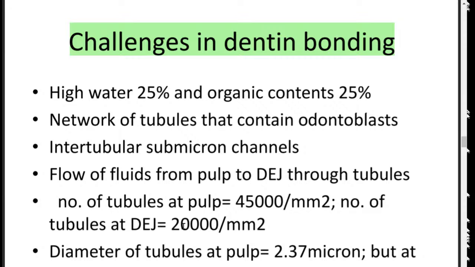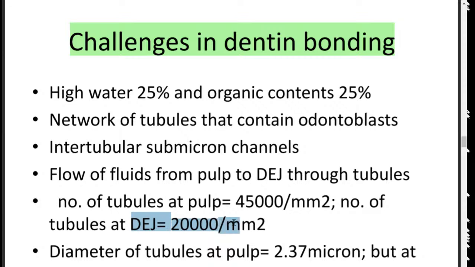And of course, applying the dentin bonding at the pulp is less effective than applying it at the dentino-enamel junction.